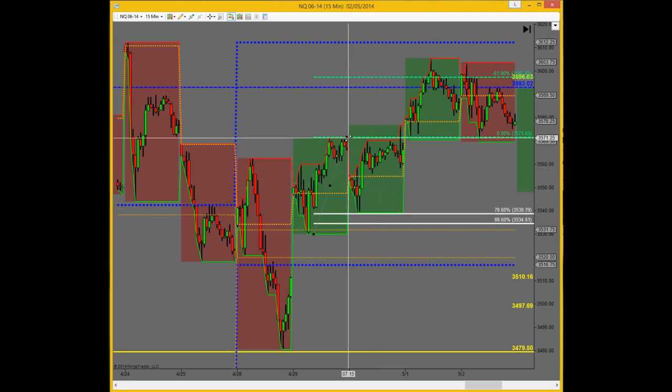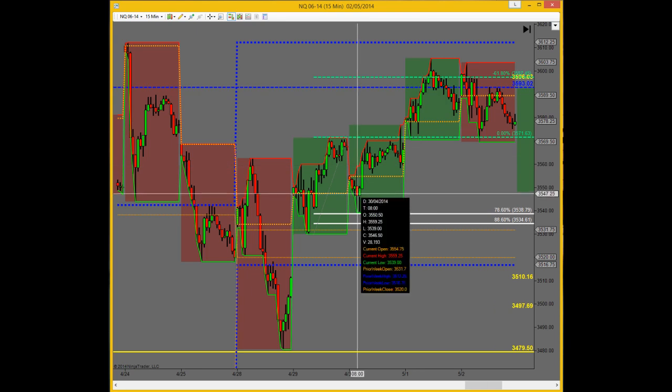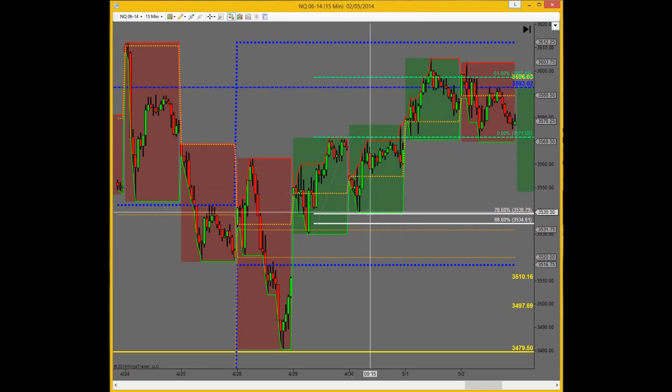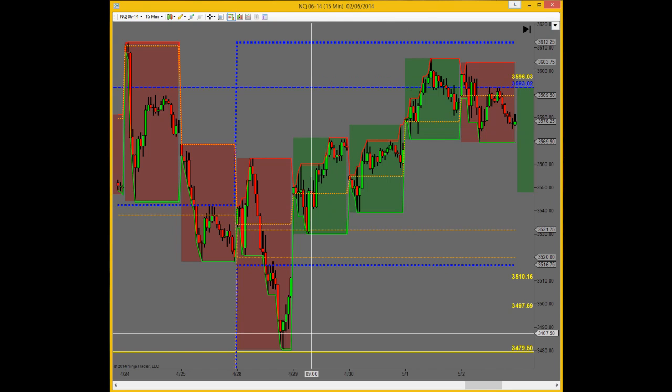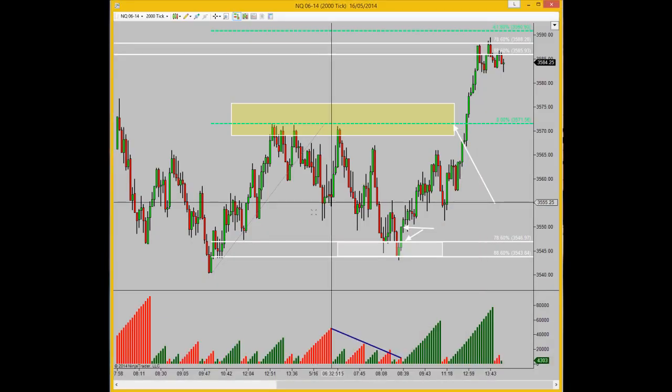If I measure good, it went right to the point, to the tick. So 35.39, and this is 0.50. It's 2 ticks there. Anyway, these reversal zones can help you to determine where the market is going, and if you go to the 2000 tick chart, you can find these levels also very easily.